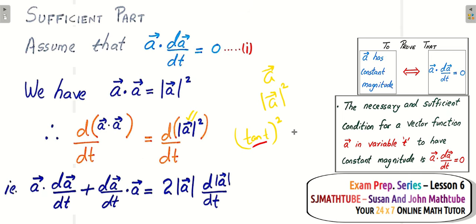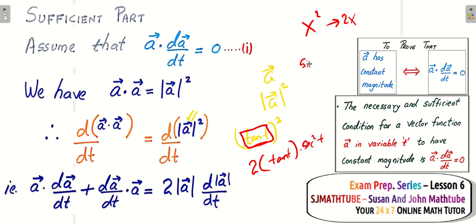This is a scalar function. It will be like something square. The derivative of x square is 2x. So it looks as if it's in the format of something square, and the derivative will be 2 tan t, and then the derivative of tan t, which is sec square t.